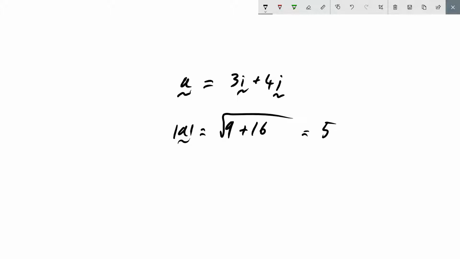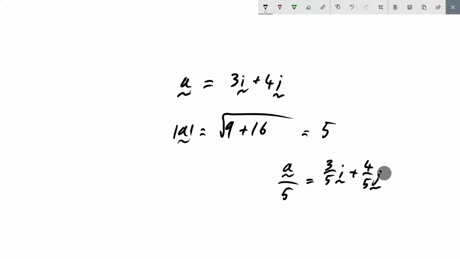What I can do now is divide my a vector by 5, and what I'll get is something with a magnitude of 1. So let's do that. Let's divide a vector by 5. So that's going to be 3 over 5 i plus 4 over 5 j.